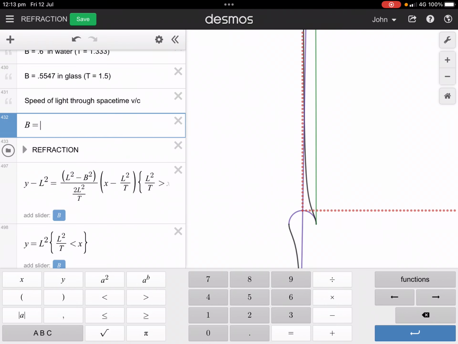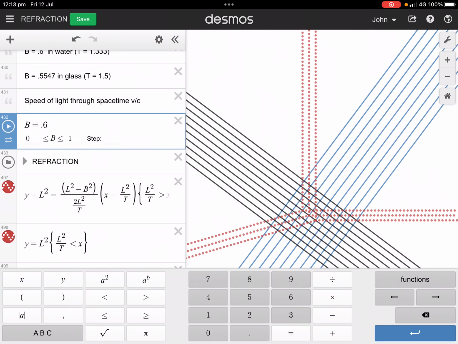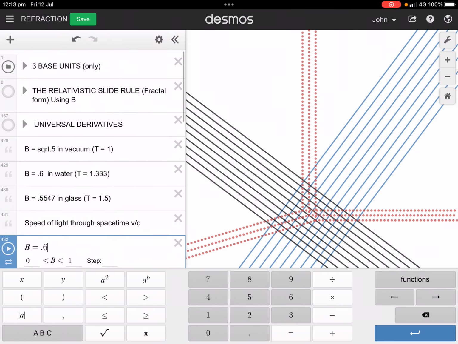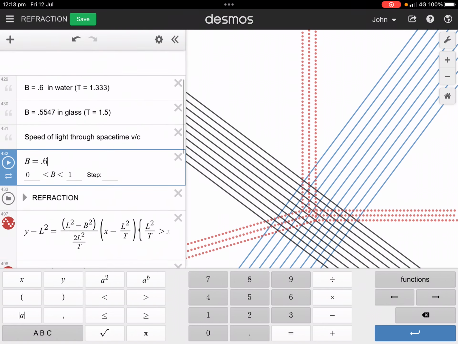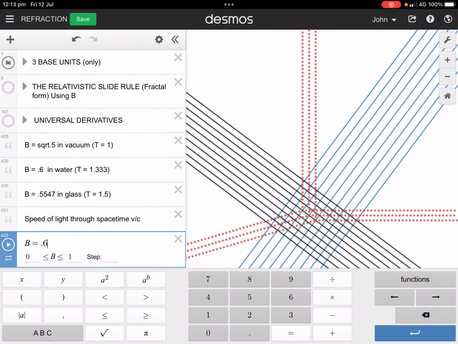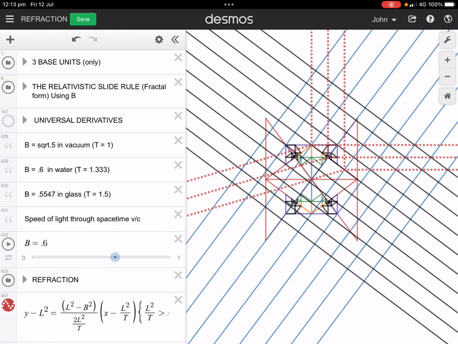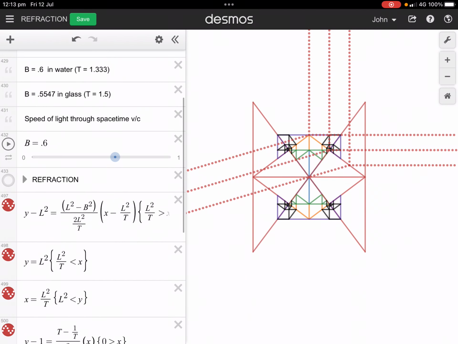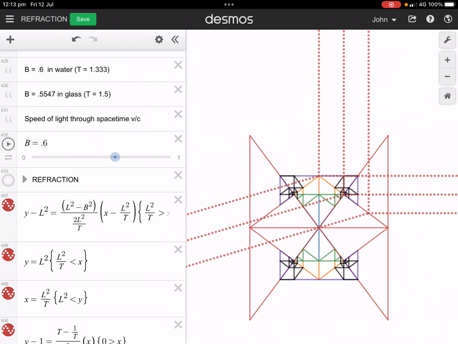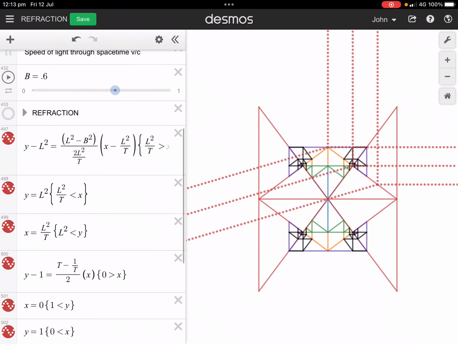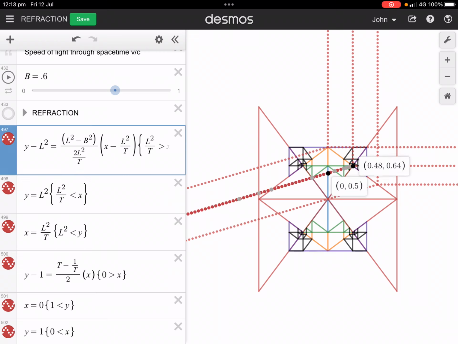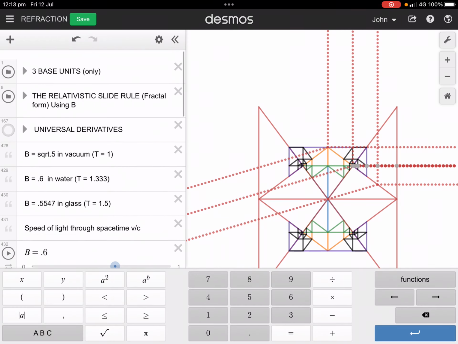Okay, let's go back to this one so that we can differentiate. Now let's put the relativistic slide rule in. There it is, and let's take those lines out. And interestingly, that distance from there is 0.5. So I'm going to put the circles in.